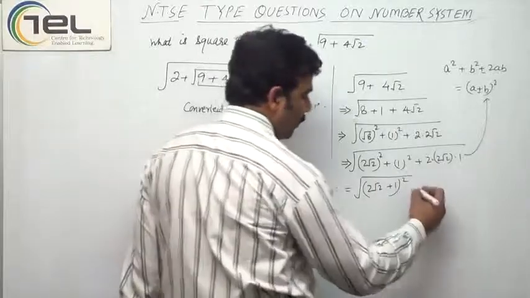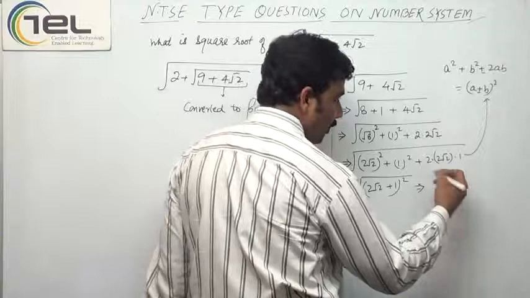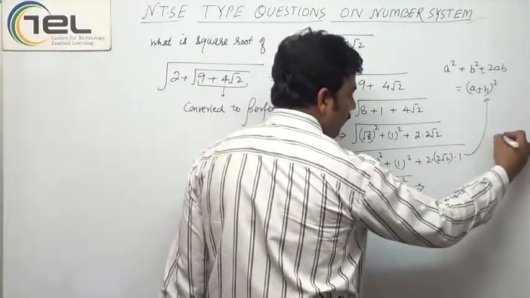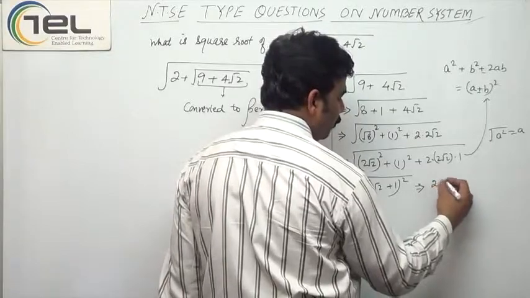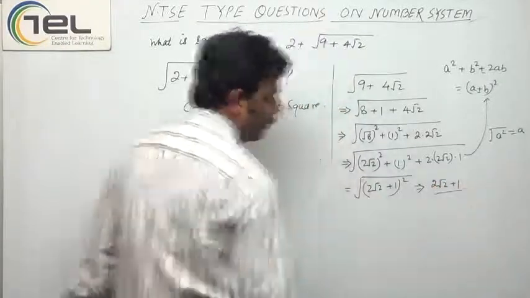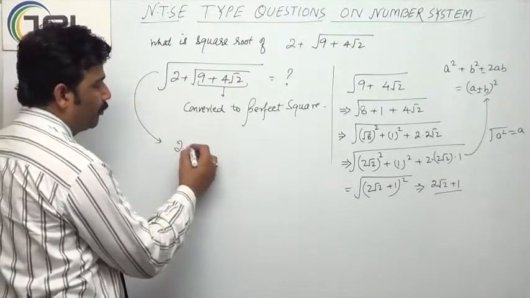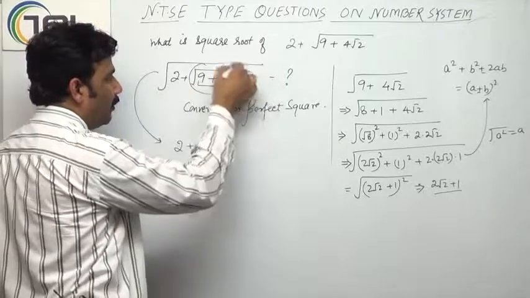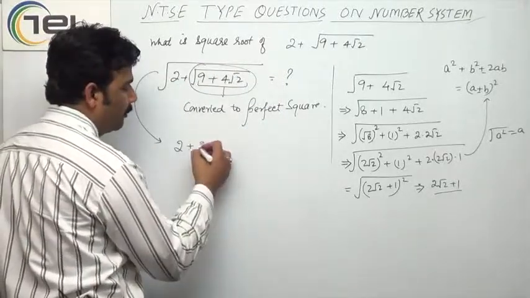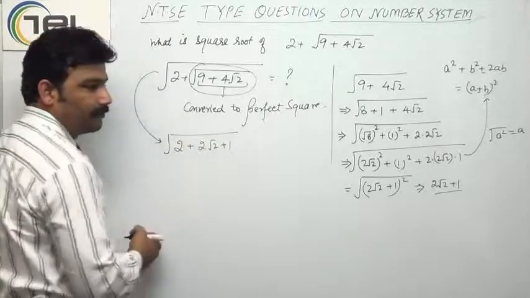Now what does it become? It will be cancelled out. The square root of a square is equal to a. So it will be equal to 2 root 2 plus 1. So instead of all these terms I will put 2 plus root 2 plus 1, under a square root.